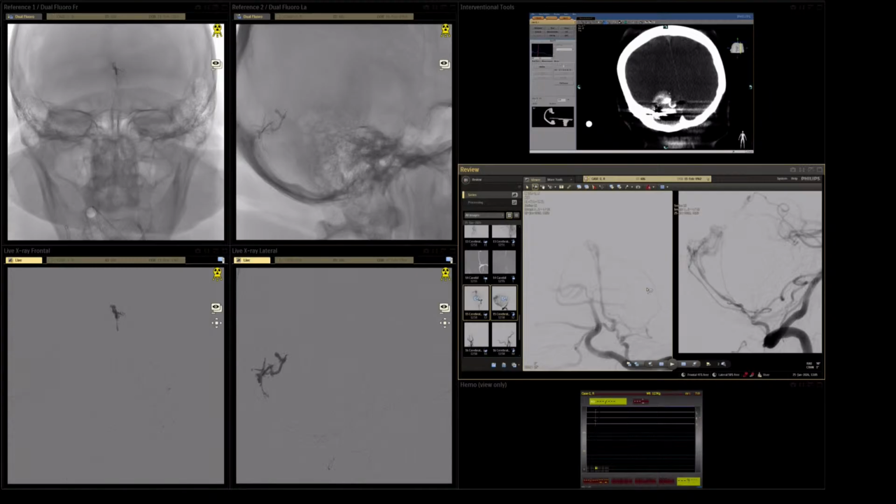There is a lot of collaterals, that's why we should be very careful. It's going to the other PCA branches.